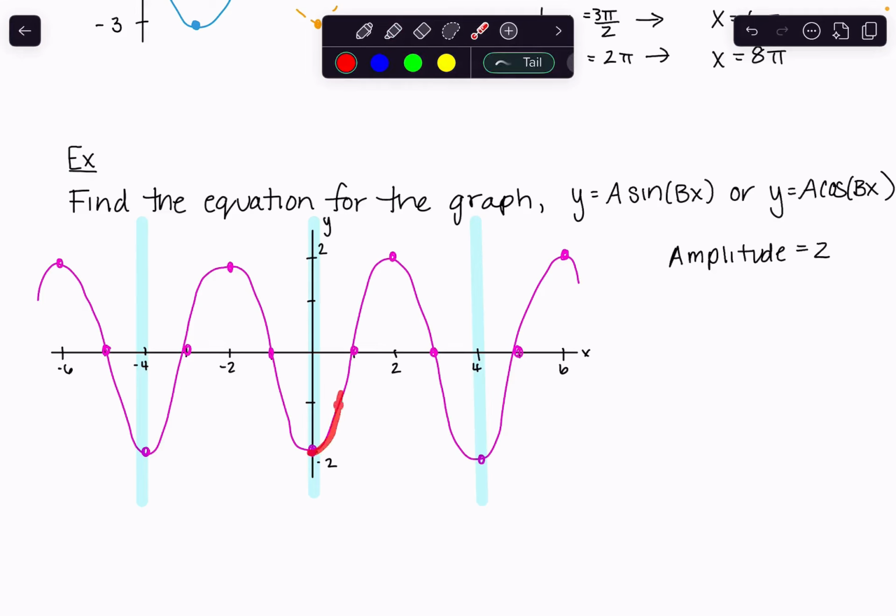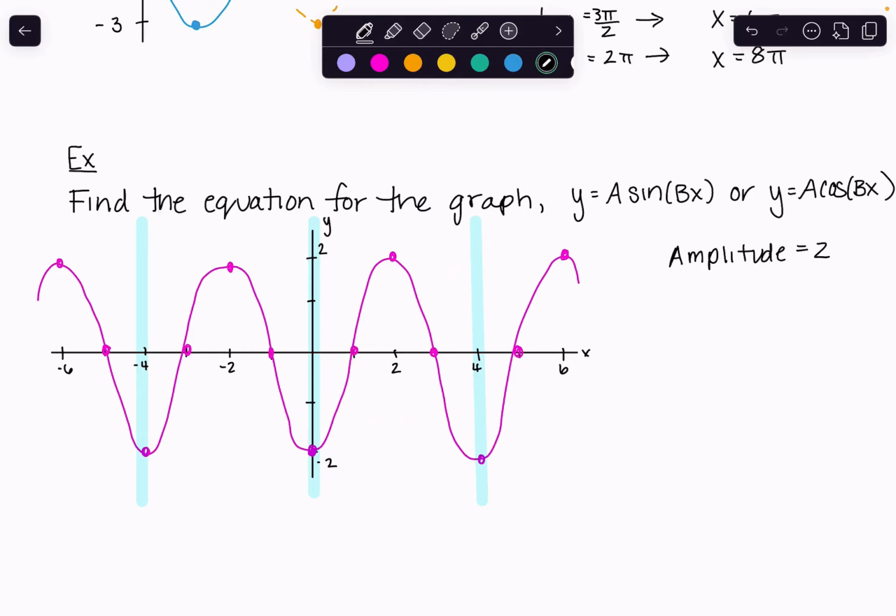So this is my shape, which isn't any of my trig functions in the normal form. But if I were to go ahead and flip this around, that would be the cosine function over the interval from 0 to 4. But I've just reflected it, okay?